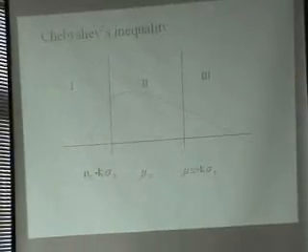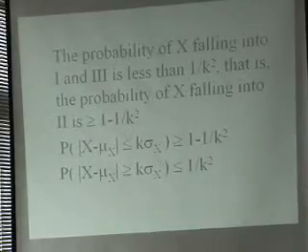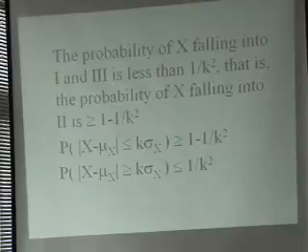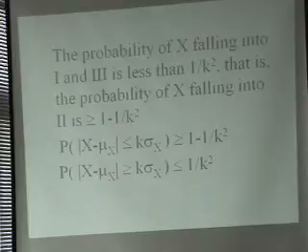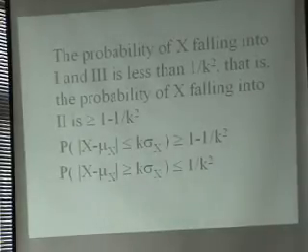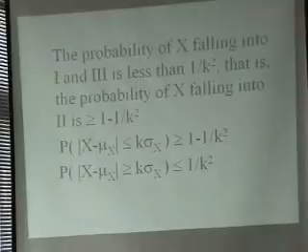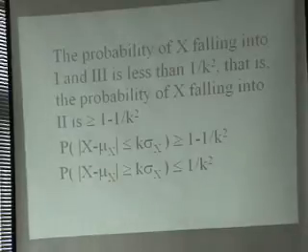Let us look at the formula. The probability that the absolute value of x minus mu x, that means the distance from the mean, is less than or equal to k sigma x, is at least 1 minus 1 over k squared.